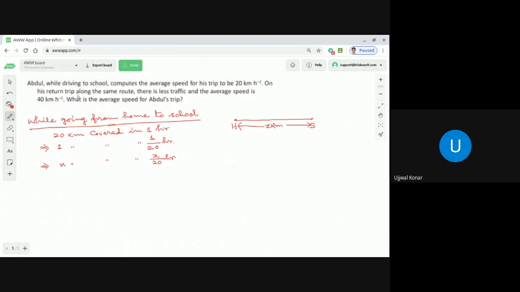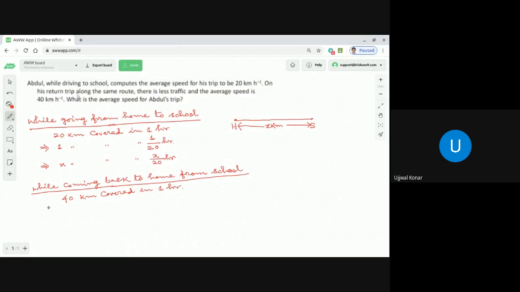And while coming back to home from school, what we observed is that 40 km covered in 1 hour.